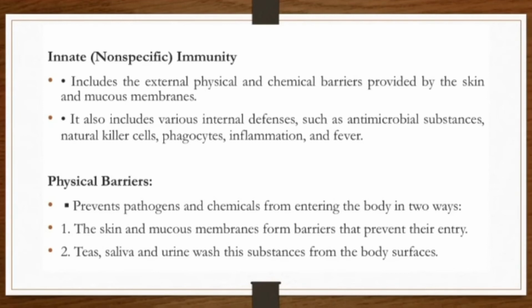It also includes various internal defenses such as antimicrobial substances, natural killer cells, phagocytes, inflammation, and fever. Innate immunity physical barriers prevent pathogens and chemicals from entering the body: the skin and mucous membranes form barriers that prevent their entry.